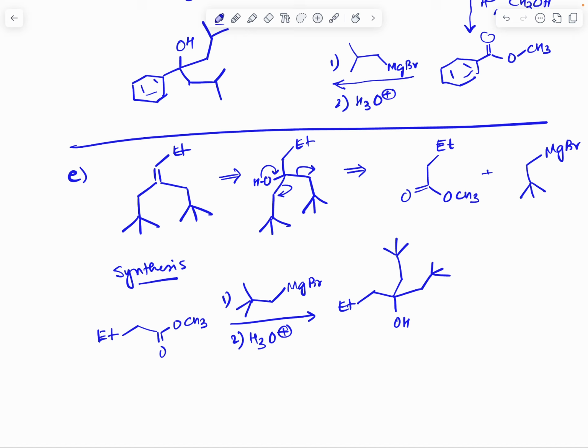All right, then I'm just going to dehydrate. So out here, concentrated H2SO4 should do the trick. And there you have the product. Oh, I'm sorry, too few carbons out here. And there's the product for E. Okay. All right, let's do the next one.